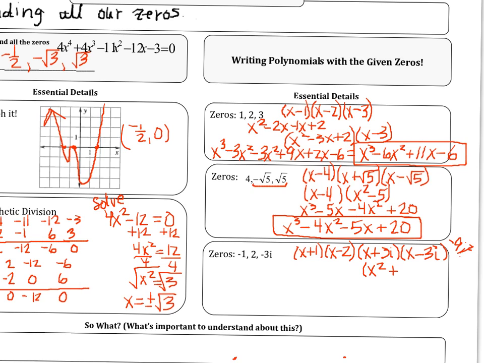Well, i squared is negative 1. Negative 9 times negative 1 is plus 9. So multiplying x plus 3i times x minus 3i is going to give me x squared plus 9.